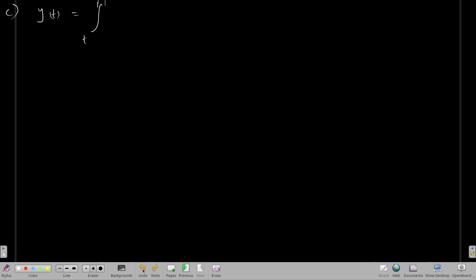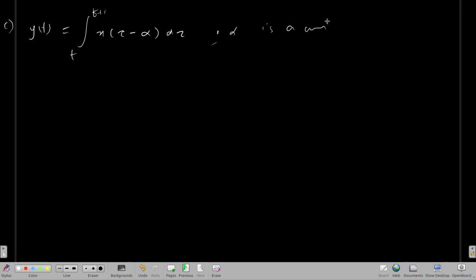Let me just write it properly. y of t is equal to the integral from t to t plus 1 of x of tau minus alpha d tau. Okay, alpha is a constant.